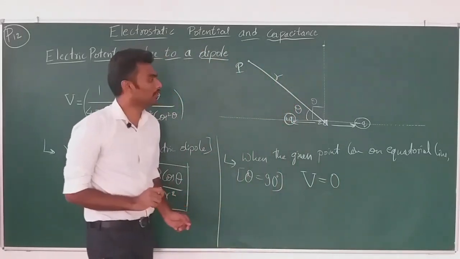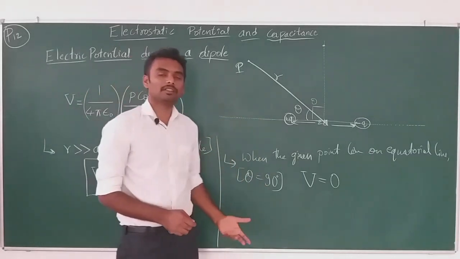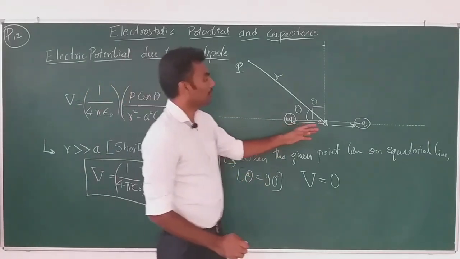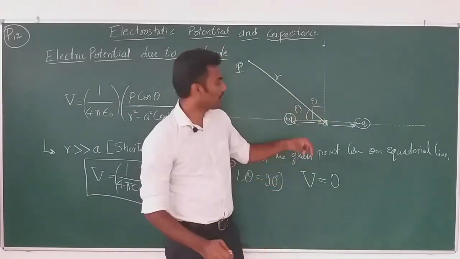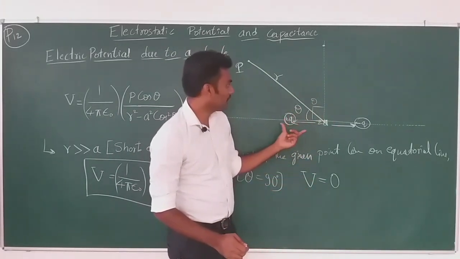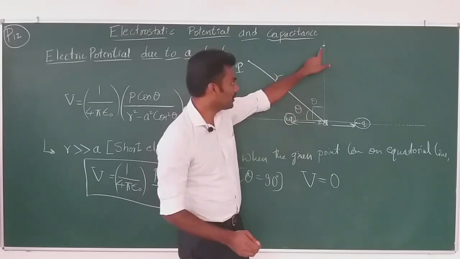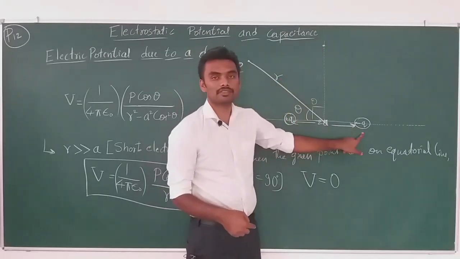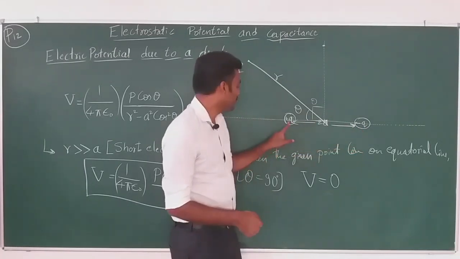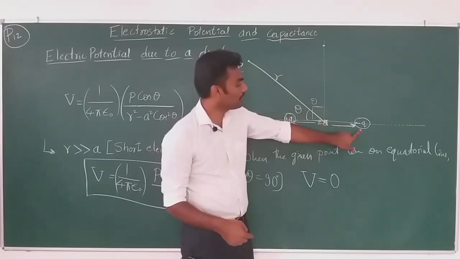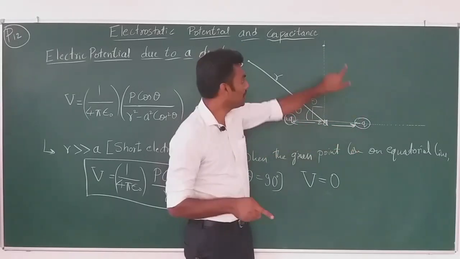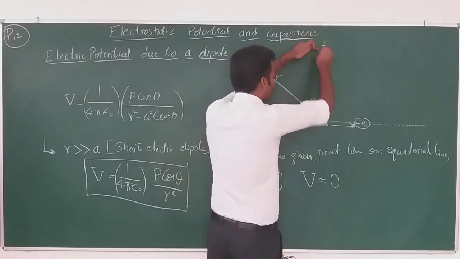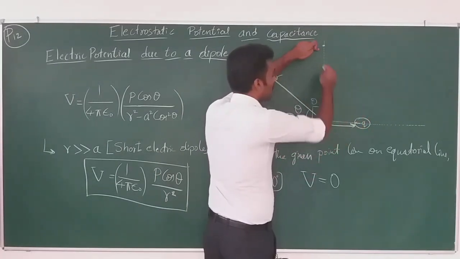So, very simple. Now, let us analyze it in terms of a system of charges, from the previous derivation. The net potential at this point is equal to the sum of the potentials due to this charge and this charge. The potential due to this charge is equal in magnitude to the potential due to this charge when the point lies on the equatorial line, because from this point both plus q and minus q are at the same distance.